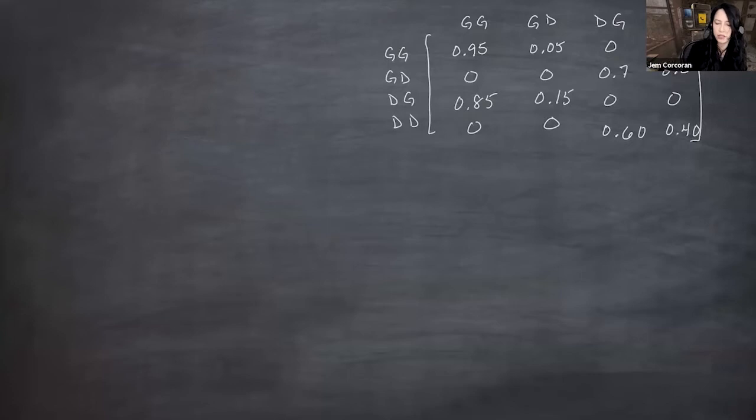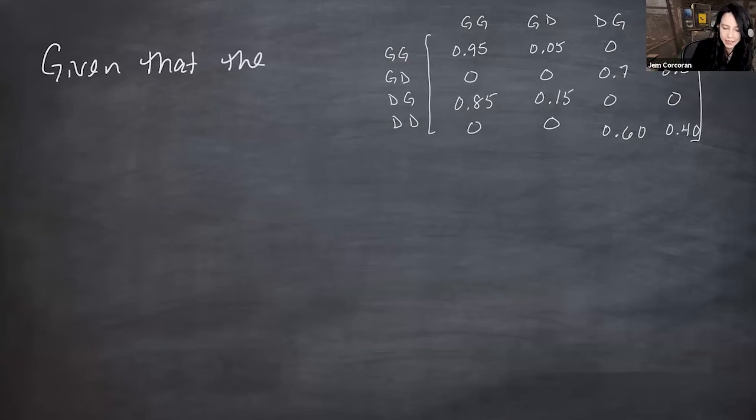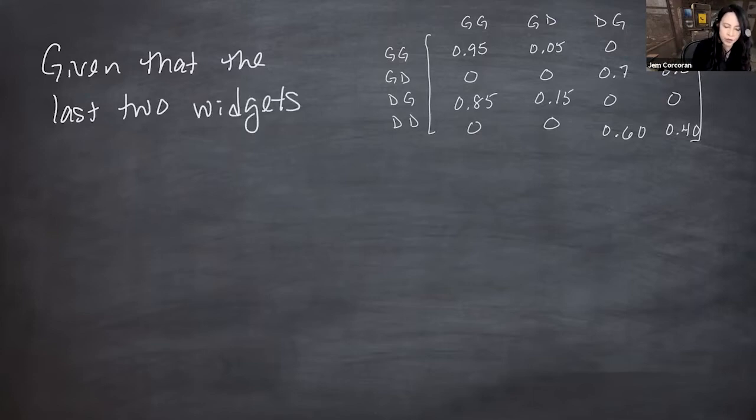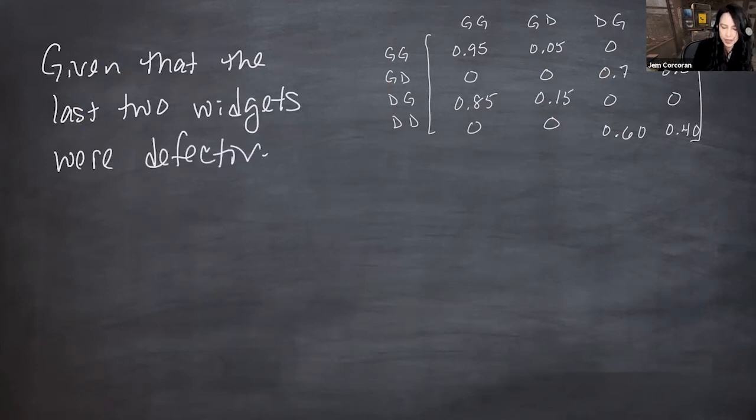They're all going to start the same way. So given that the last 2 widgets to come off the line were defective. So that's going to be the beginning of 3 different questions.